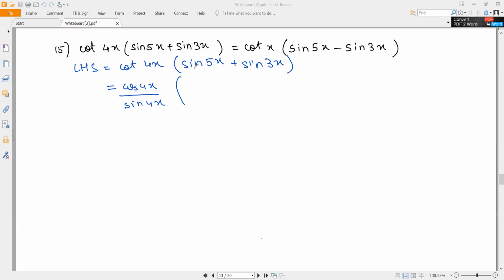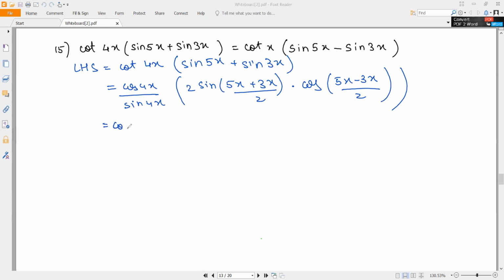And in place of this, you have sin A plus sin B, which will be 2 times sin of (5x plus 3x) divided by 2, into cos of (5x minus 3x) divided by 2. This is equal to cos 4x upon sin 4x into 2 into sin 5x.